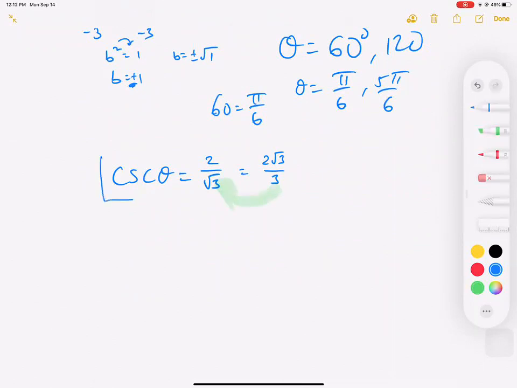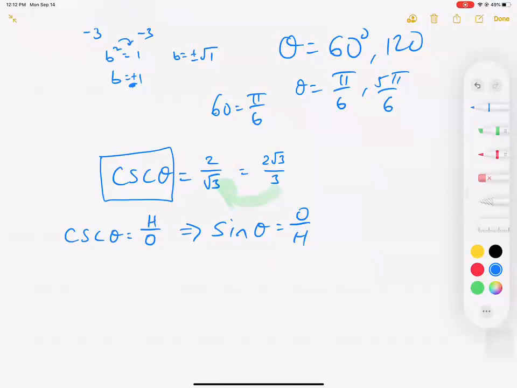So when is cosecant positive? Well, let me give you a couple of hints. Cosecant, we said, was hypotenuse over opposite, which is really sine, opposite over hypotenuse. It's the same thing except it's just the reciprocal version. So what I want you guys to see here is that cosecant is really just sine, and it's hypotenuse over opposite.